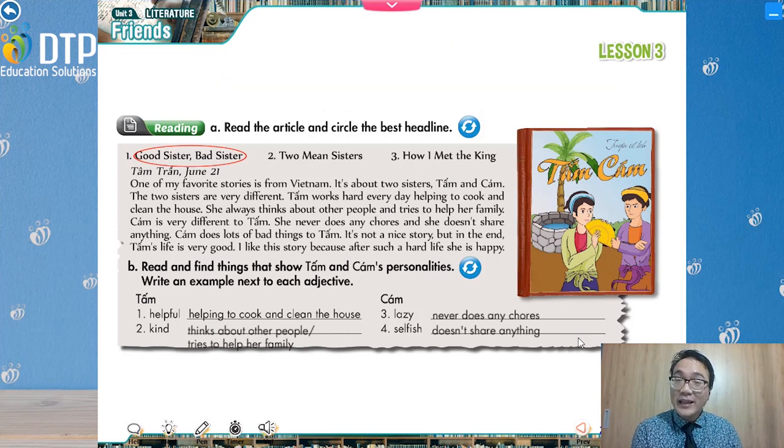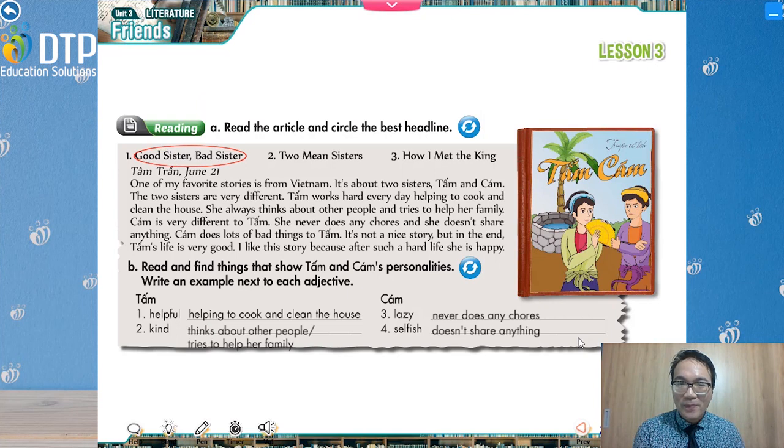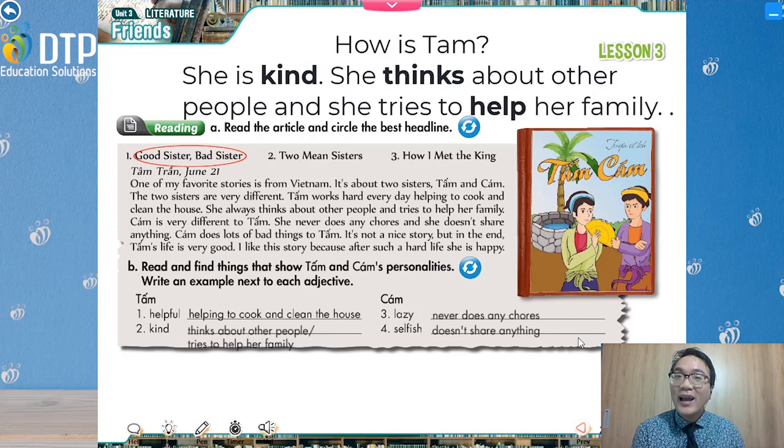Remember the question to ask about personalities? So now show me that Tấm is helpful. I ask you, how is Tấm? You answer, Tấm is helpful. She works very hard and she helps her mom to cook and clean the house. Now, how is Tấm? Number 2, she is kind.